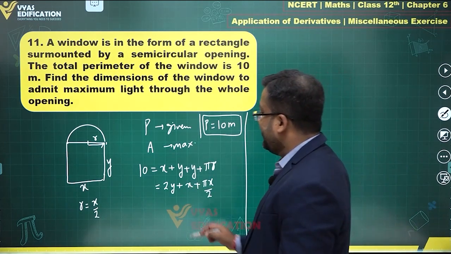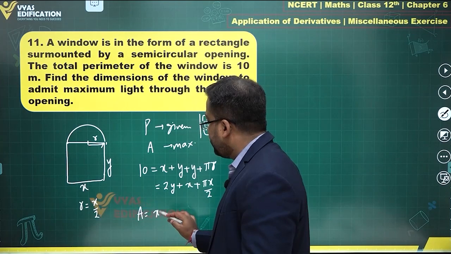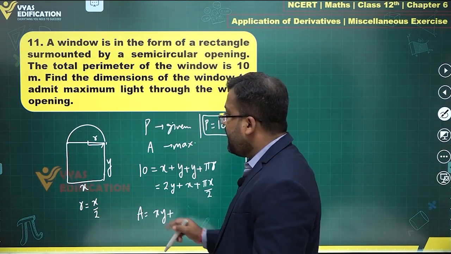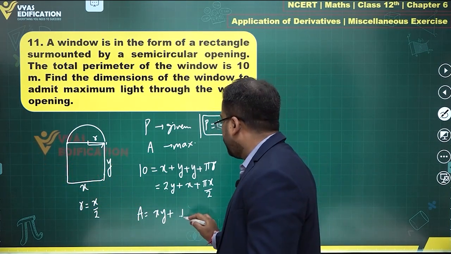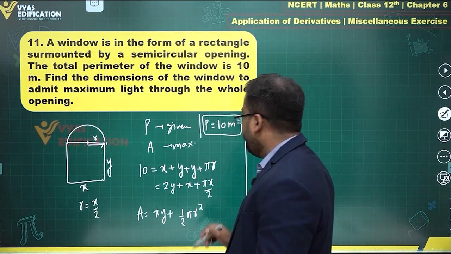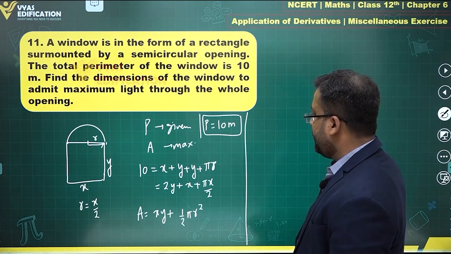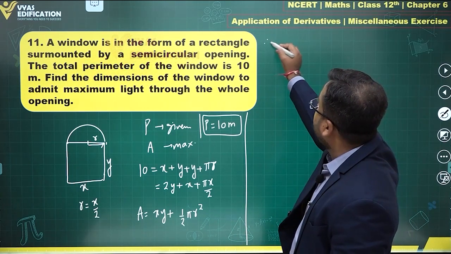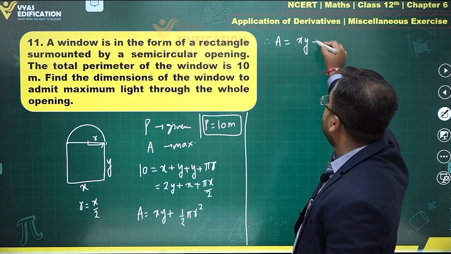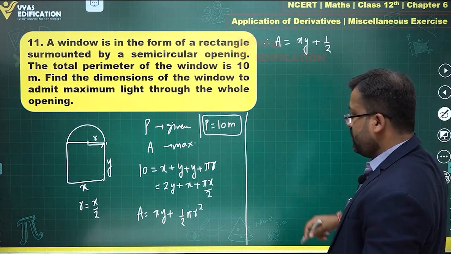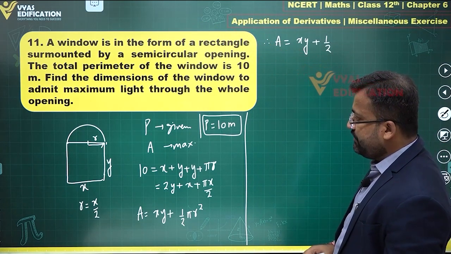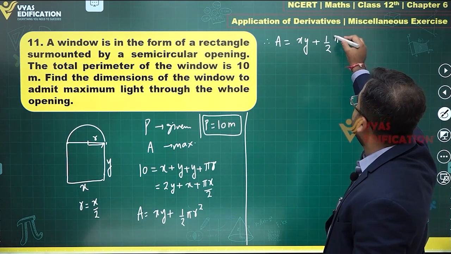And what about the area? Area is the rectangular region xy plus half of pi r square, and we can eliminate this r again using x. Therefore, area is equal to xy plus half into pi r square, which is pi times x square by 4.